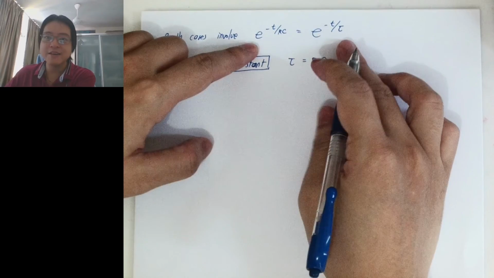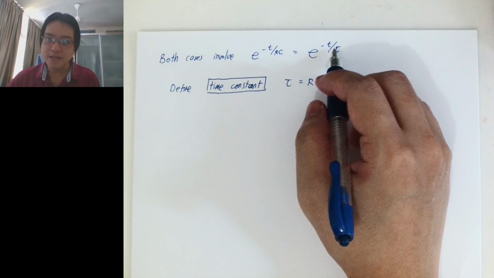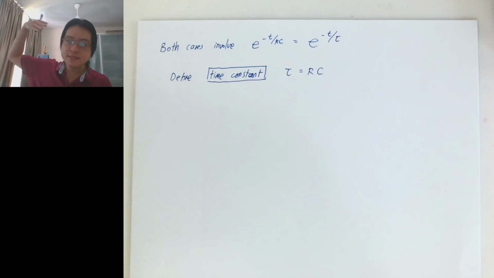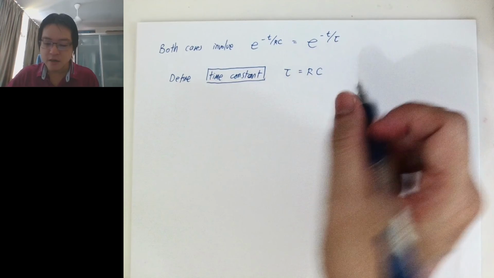Okay, so the handwriting must be precise. This is a Greek letter tau, this is the letter t. These are two different symbols, but how fast the current decays will depend on the size of this constant tau.